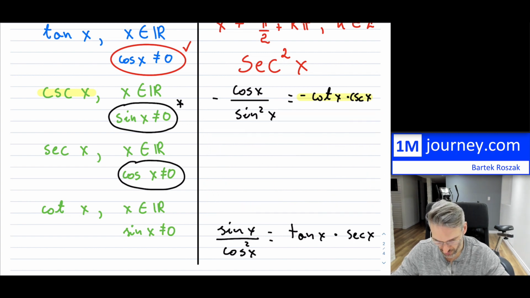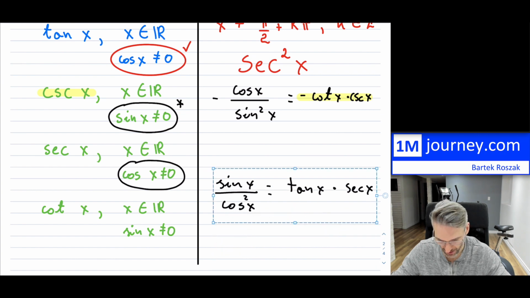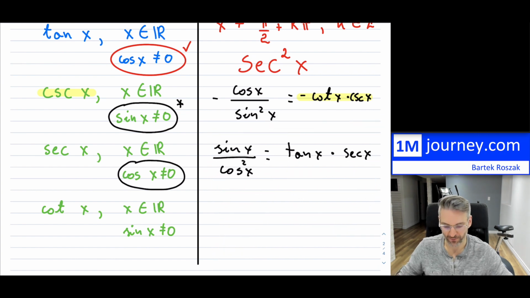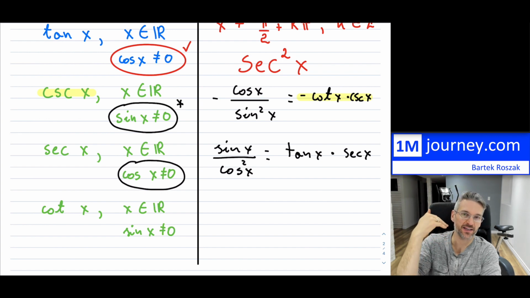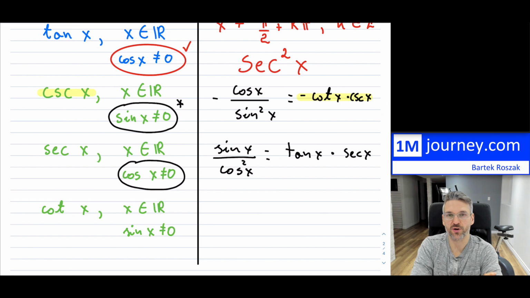But be careful, it has the restriction where cos x cannot be equal to 0, which is at pi over 2 and 3 pi over 2 and any multiples of those, simply 90 degrees or 270 degrees, both positive and negative.